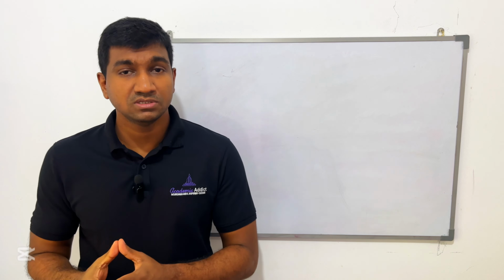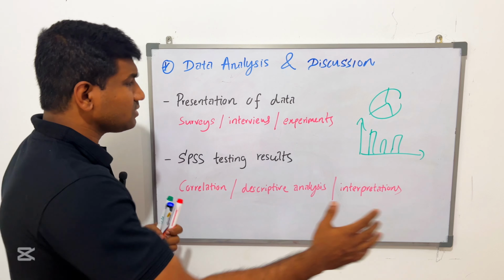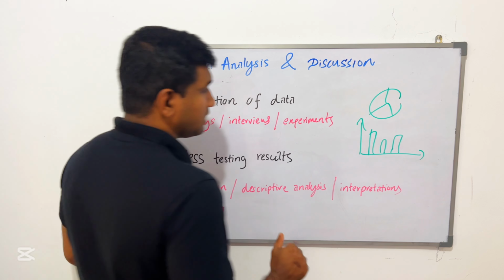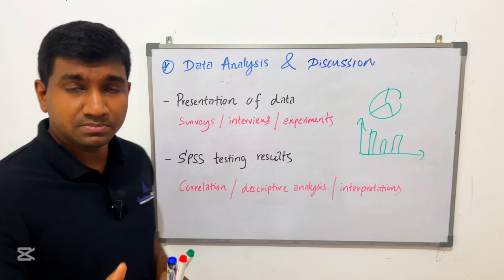That depends on your university and the guideline. You need to present this data and descriptively talk about these details. As per this, for the first question, these are the results that you found: 50% of this answer, 30% of this answer, and likewise you need to explain your illustration.